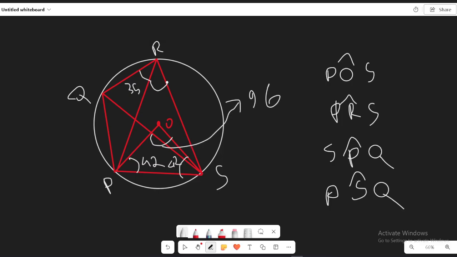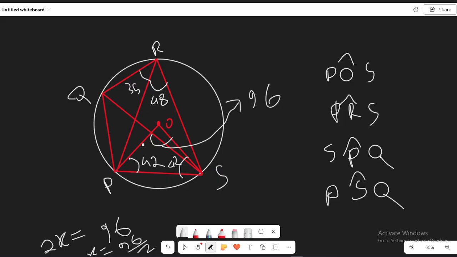This must be 96 divided by 2, because you remember, if the lines are coming from the radius lines from the center, this angle must be twice this angle. So we can think about this as 2x equals 96, so x equals 96 divided by 2. So 96 divided by 2 is 48. So this right here is 48.